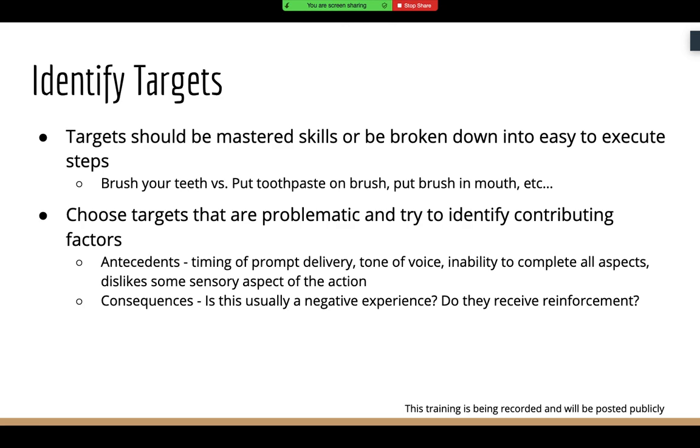And then think about what kinds of consequences typically happen after the behavior occurs or doesn't occur. So is the consequence something that's usually negative?